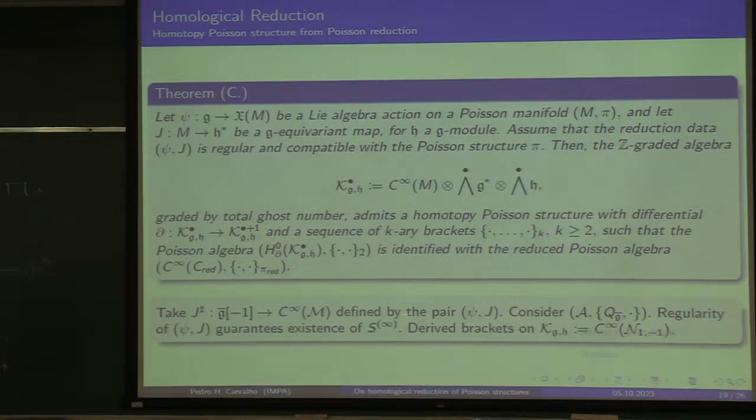The proof essentially follows the path that I just showed you. You consider the corresponding moment map associated to this data, you consider this algebra that models the graded reduction, you have some regularity that guarantees that this guy exists, and you consider the derived brackets. So this gives the homotopy version, the homological version of this theorem.